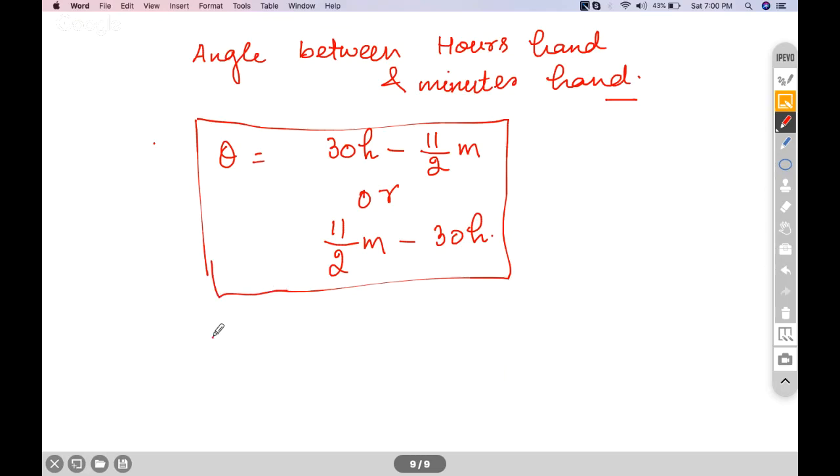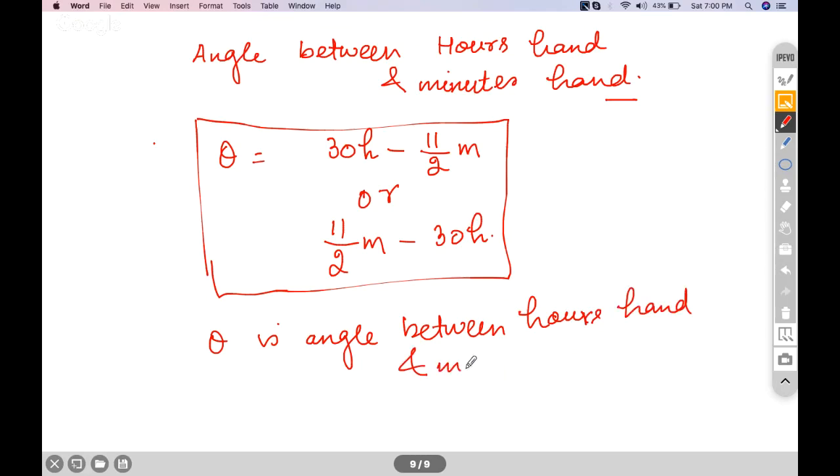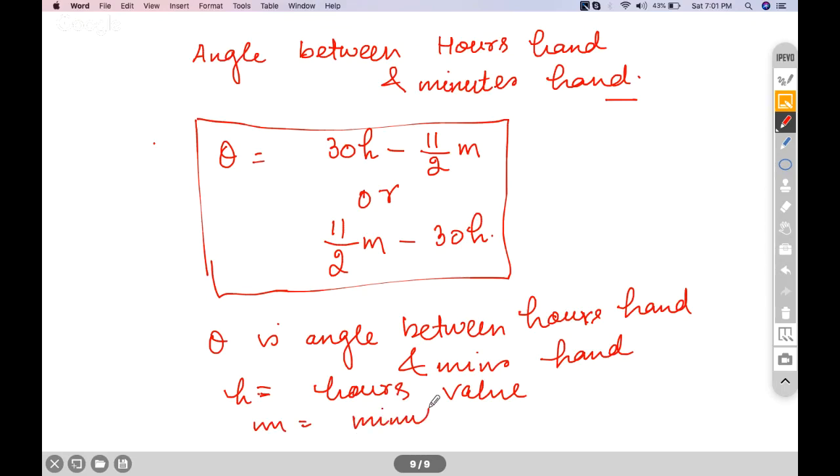What is theta? Theta is the angle between the hour and minute hand. H is equal to the hour value and M is equal to the minute value.